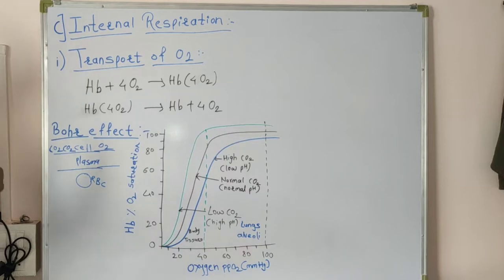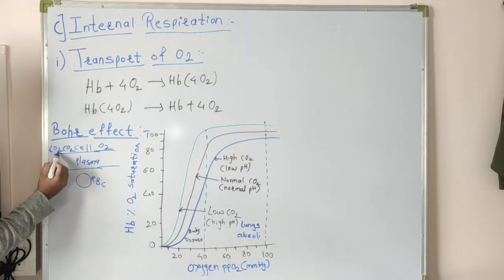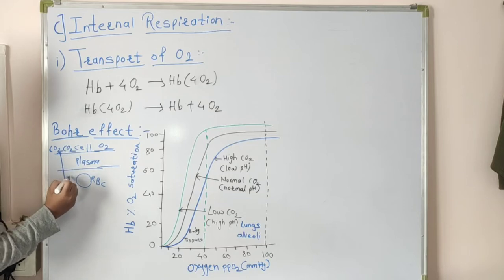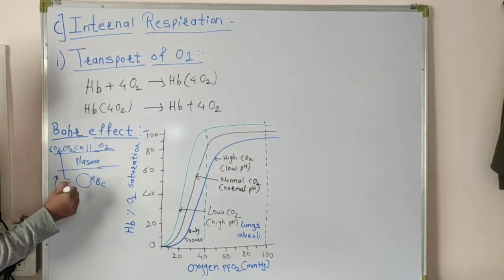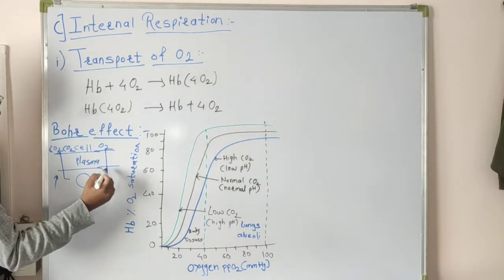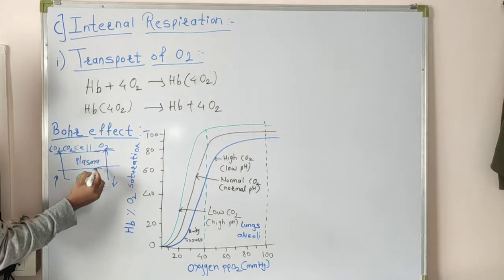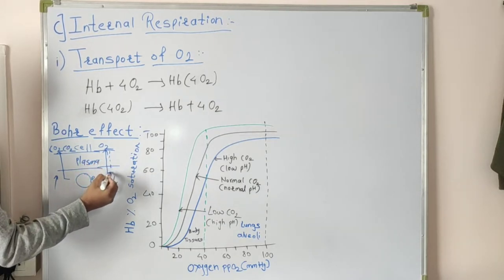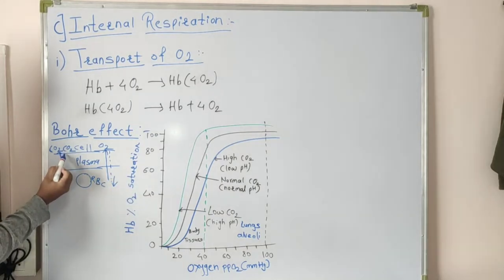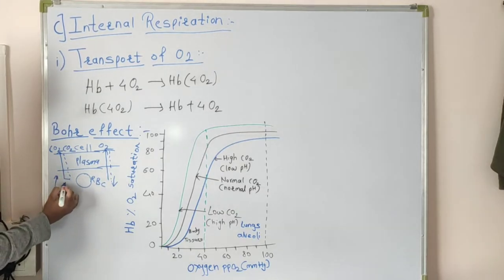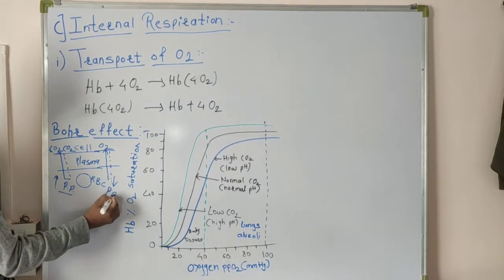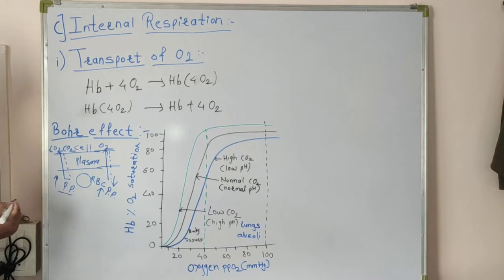That means here the partial pressure of CO2 is high and here the partial pressure of O2 is low. When this level of oxygen increases, at that time the level of CO2 decreases. That means the partial pressure decreases, and here the partial pressure increases.